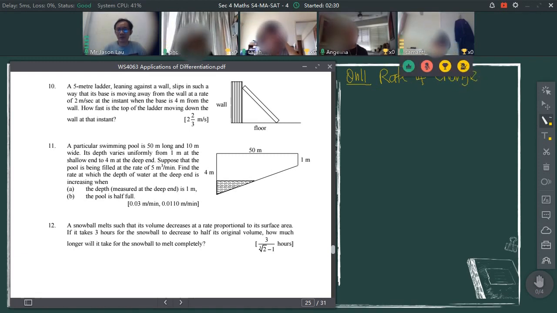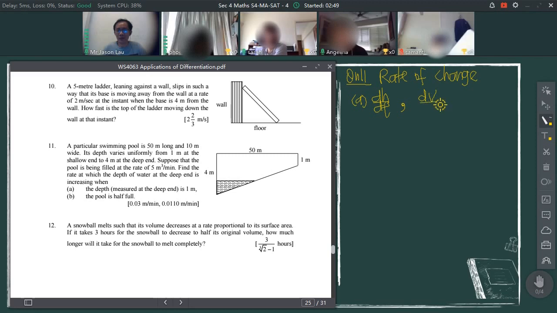Rate of change, we will do this chain rule. The question was asking to find dh/dt. So you have to look at dh/dt, and this is given to you, the dV/dt. Then you form a chain rule with these two quantities.